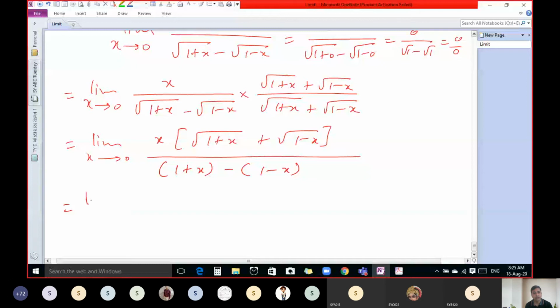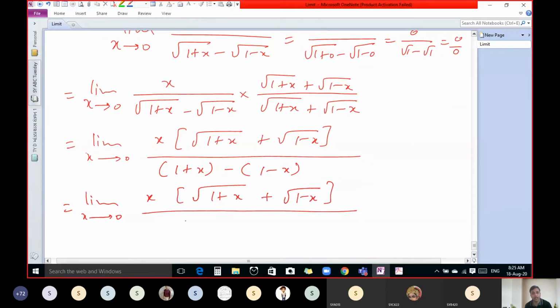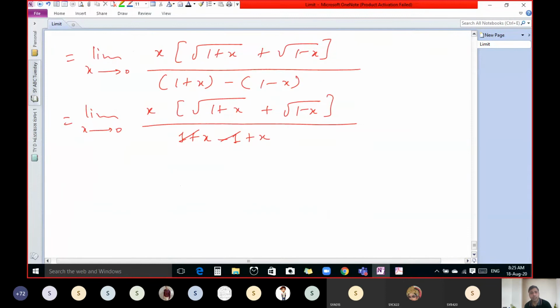Now limit x tends to 0, keep this numerator as it is and simplify the denominator part. If you open the bracket in denominator, what will happen? We get 1 plus x minus 1 plus x. So minus 1 plus 1 cancel. And now denominator only has a term without square root.